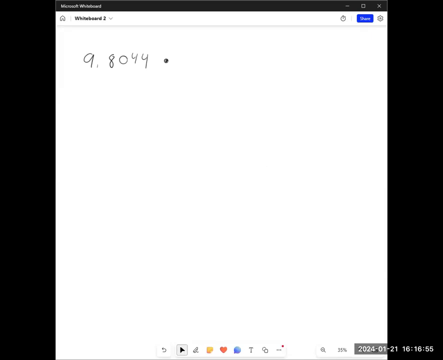And then this is 0.603. So this is the same as a multiplication x. I'm just going to draw it that way. 98044 times 0.603. Like that.